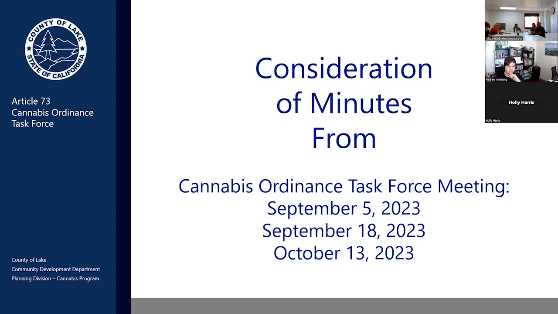Right, and I'm not saying one thing or another, I'm just saying they don't match. Because cultivation is not allowed there, is what you're saying. No, what I'm saying is what you have in the minutes does not mention that the task force approved SR, CR, or U, but it is in the chart. Yeah, I think I hear what you're saying.